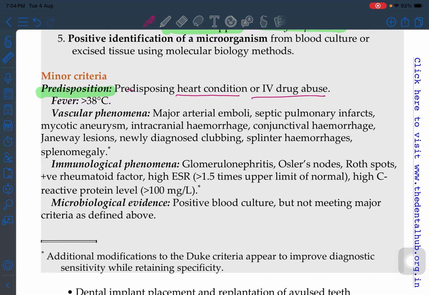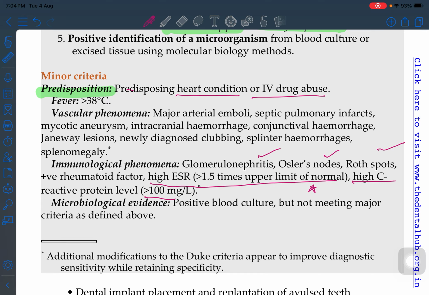Then immunological phenomena, if there is presence of glomerulonephritis, Osler's nodes, Roth spots, or ESR, this is very important. High ESR more than 1.5 times the upper limit of normal, so always remember the normal ESR. Or high C-reactive protein, CRP, more than 100 mg per liter.